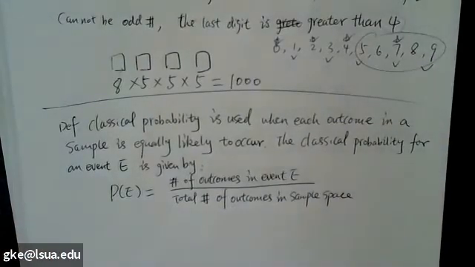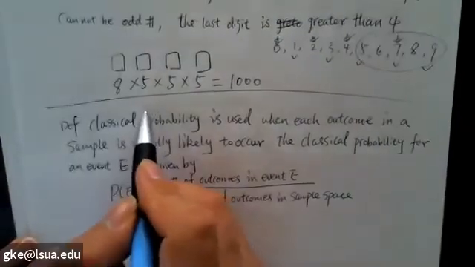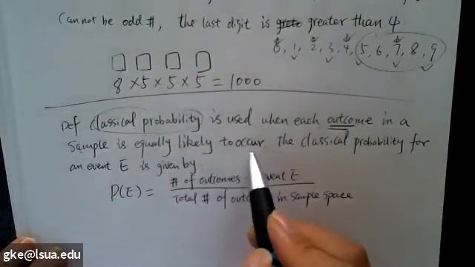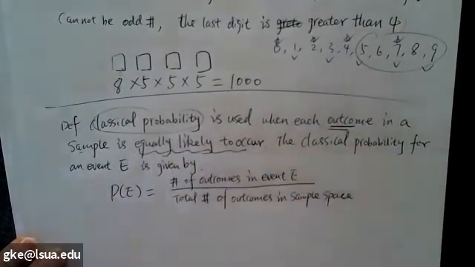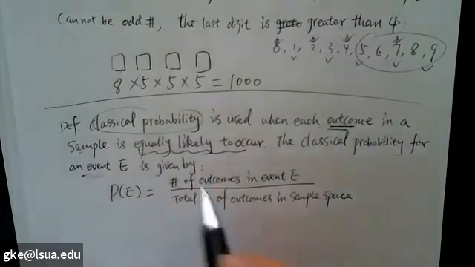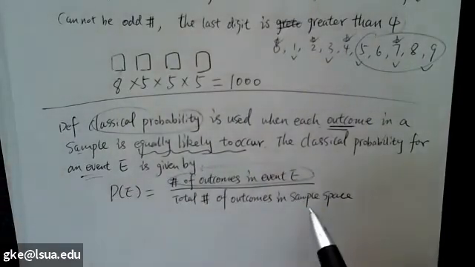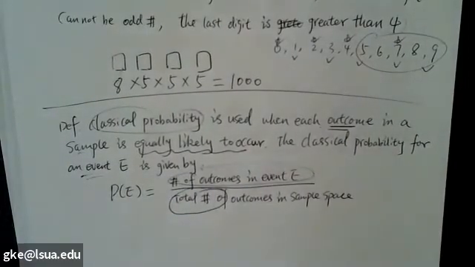Okay, so be careful: classical probability applies when the outcomes in a sample space are equally likely to occur. And the probability for a specific event, for example P(E), is the number of outcomes in event E divided by the total number of outcomes in the sample space. Be careful, the keyword is total number.